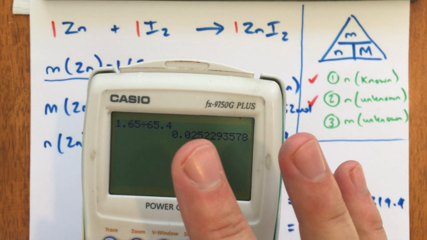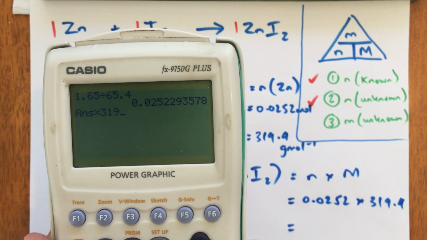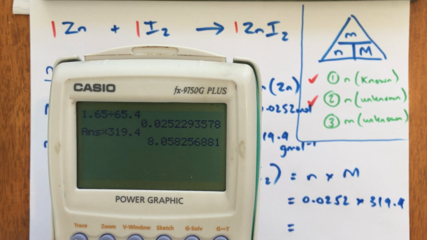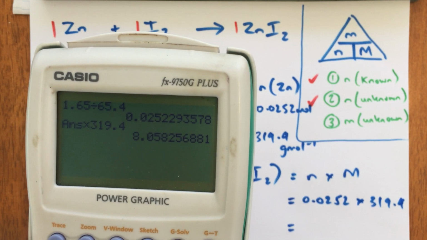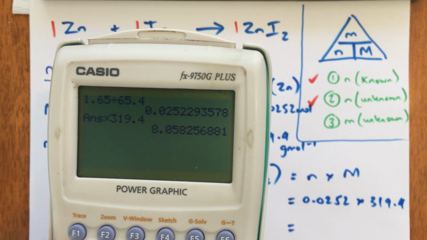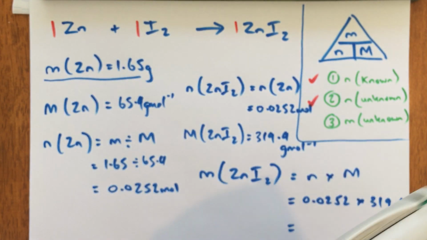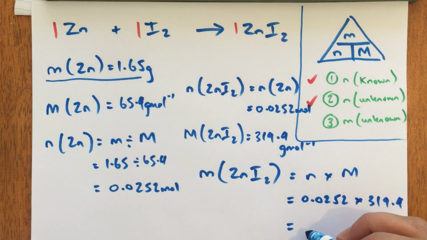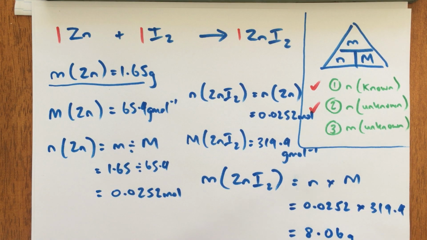So I'm now going to go answer times 319.4. That gives me 8.0582568881. I'm again going to round at the third significant figure, which will be 8.06. So my mass of ZnI2 is 8.06, and the unit for mass is grams. That is step 3 completed.